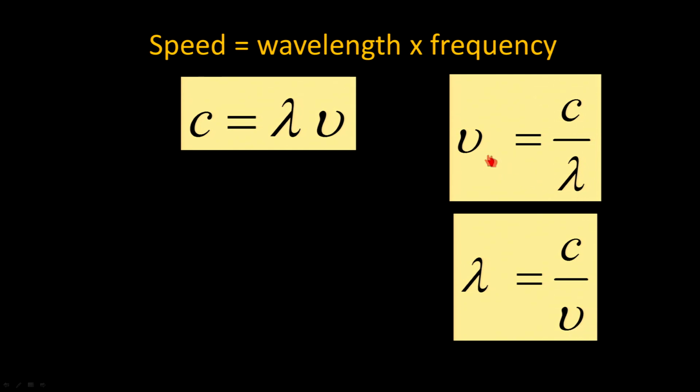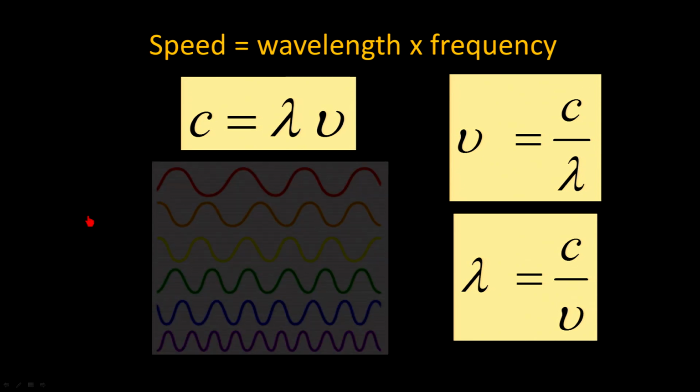Notice how these are inverse. When the bottom changes one way, this changes a different way. If this becomes smaller, this becomes larger, and if this becomes larger, this becomes smaller. So you'll notice down here that the wavelength and the frequency have to be inverse, which is what we saw on the previous slide.